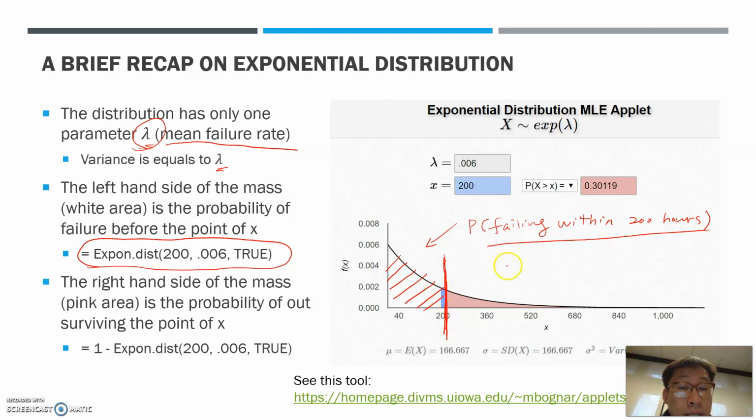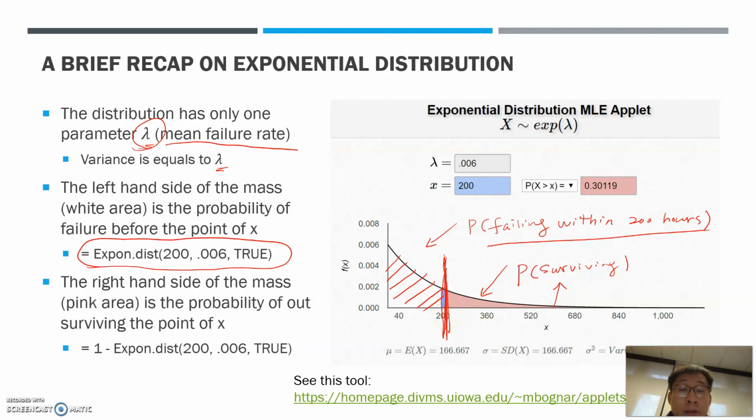Consequently, anything after that point, or right-hand side of that point, is the probability of surviving that point. Therefore, this is reliability at 200 hours.